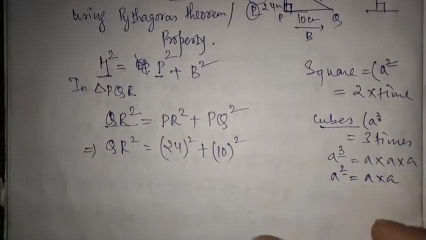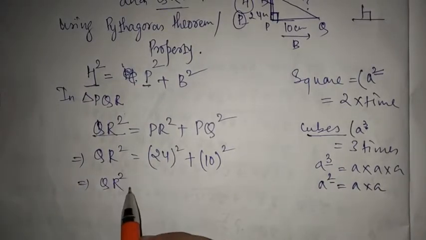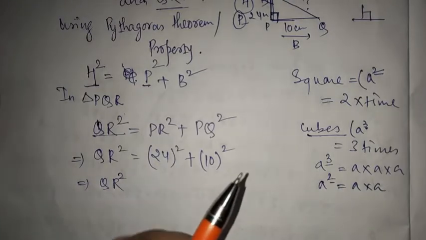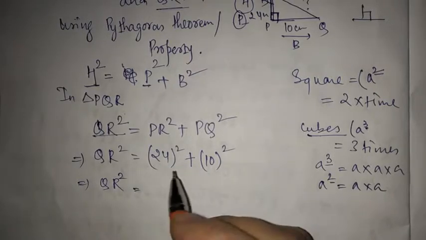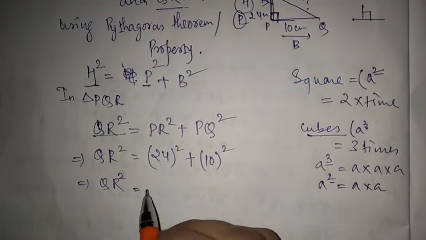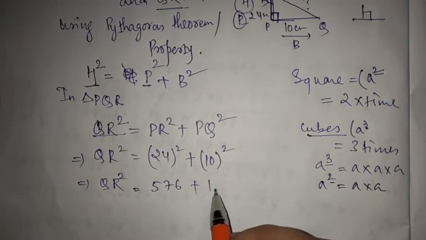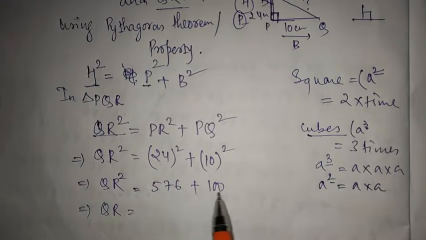Now you tell me what is the value of QR. QR square is there, and you cannot remove this QR square. There are certain rules to solve this type of problem. Now you tell me 24 into 24 is 576, plus 10 into 10 is very easy, 100. Now you just add this, you will get 676.